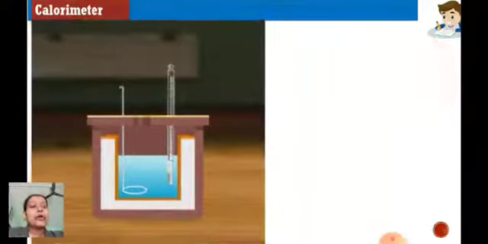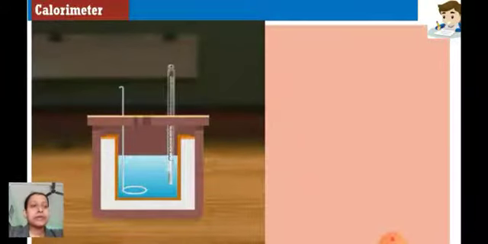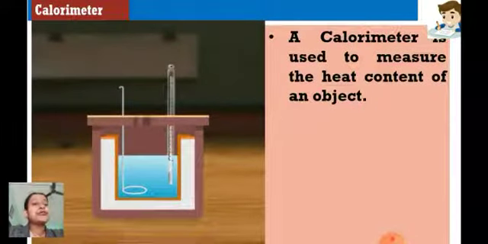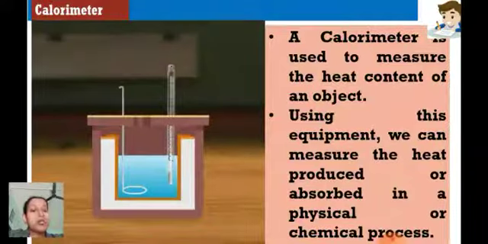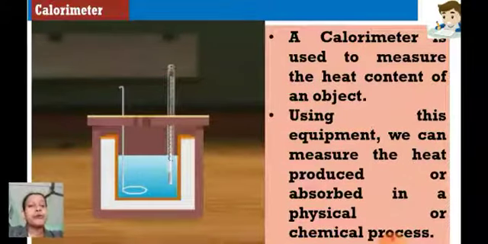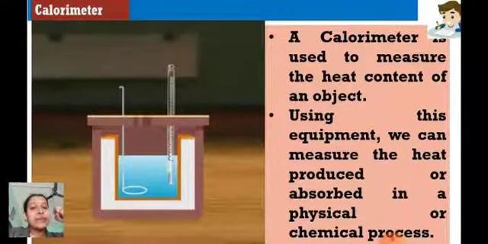A calorimeter is a device which is used to measure the heat content of an object, and using this equipment we can measure the heat produced or absorbed by a given substance in a physical or maybe a chemical process.